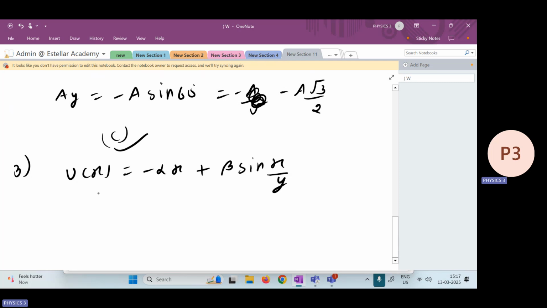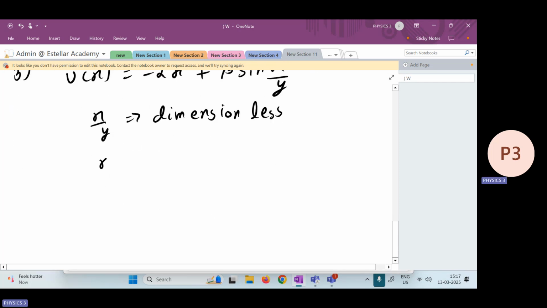Okay, so from dimensional analysis, we know that any trigonometric term has the angle as a dimensionless quantity. So x by y should be dimensionless, right?